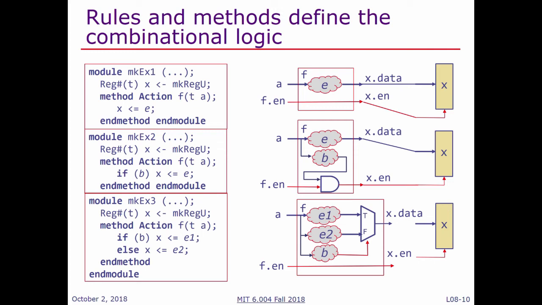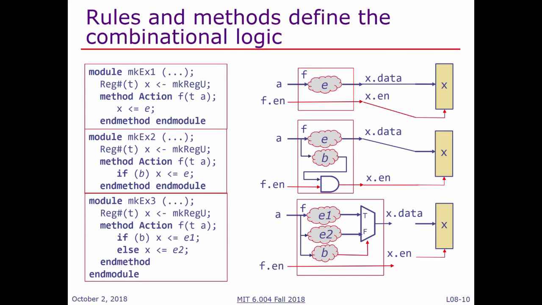So the enable part is simple, but for the data part, there is a selection going on. Either you'll be storing E1 or you'll be storing E2, and I hope by now all of you know this mux structure, right? Given a bit, it's picking between E1 and E2, and B is just another condition. So it doesn't matter how big the circuit B is, ultimately it generates one bit, true or false, which will select this mux.